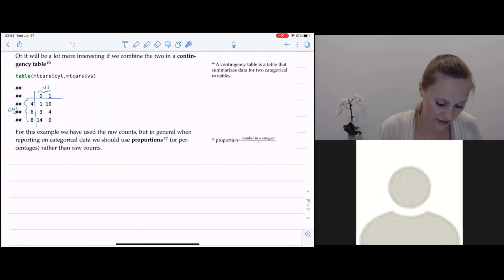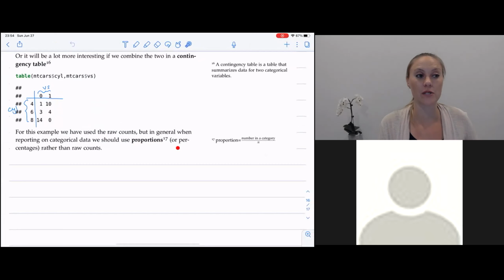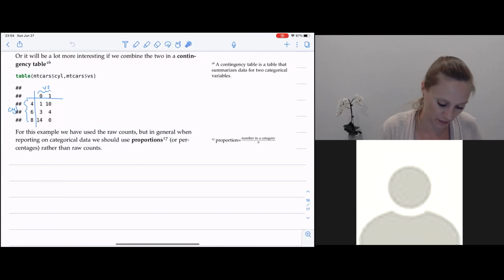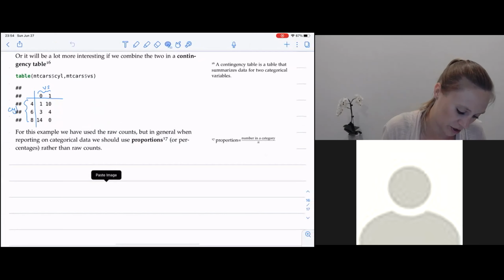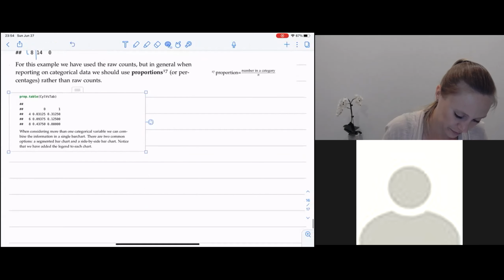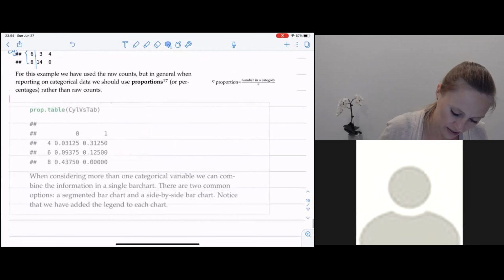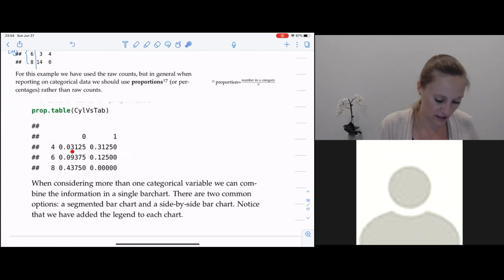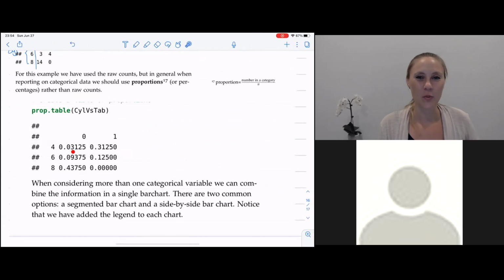What's going to come up later is the proportion is a percentage. It's just a proportion. So a percentage is a proportion multiplied by 100. So here, right, 0.03, we're in this shared category of 4 cylinders with a V-shaped engine, right?